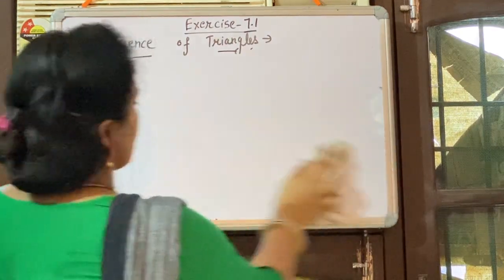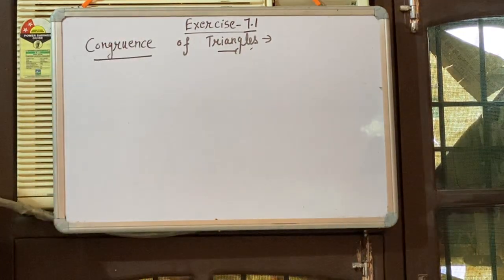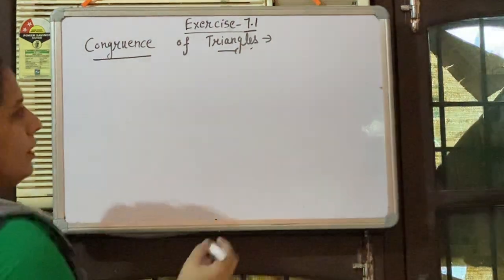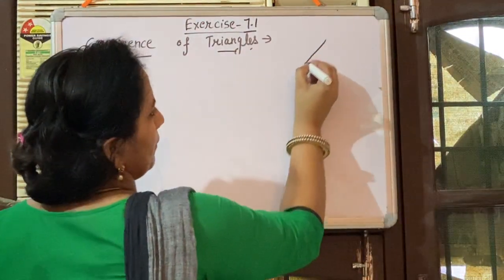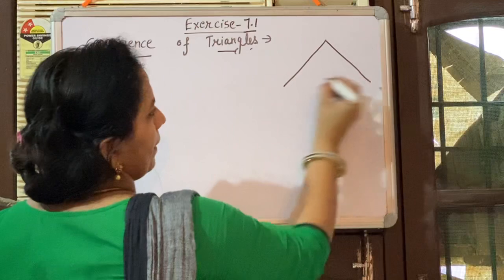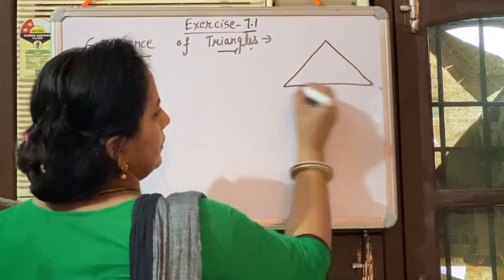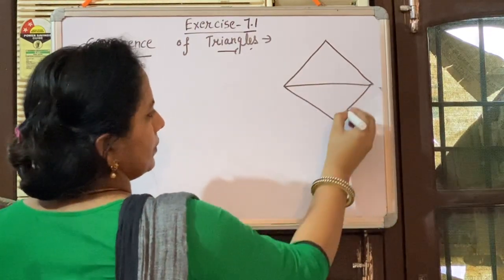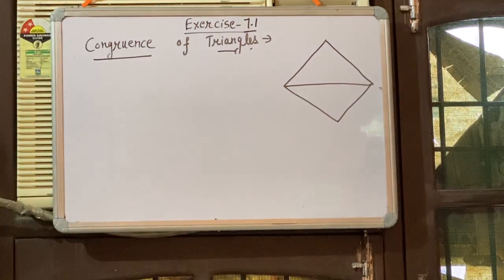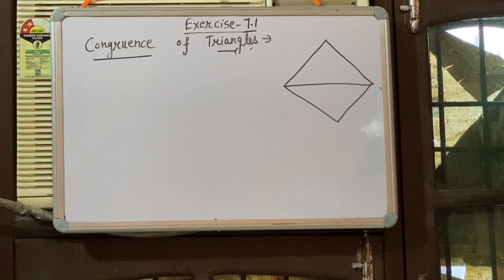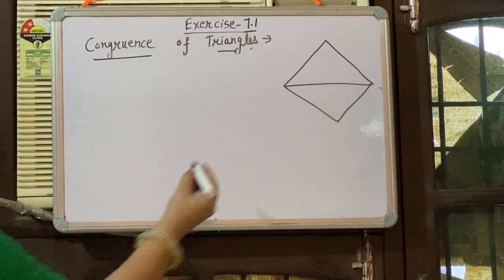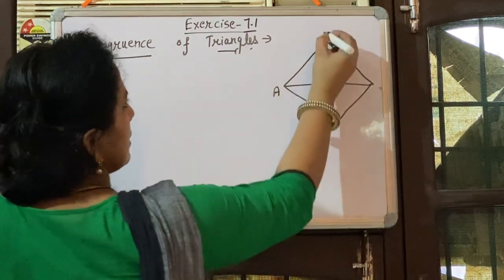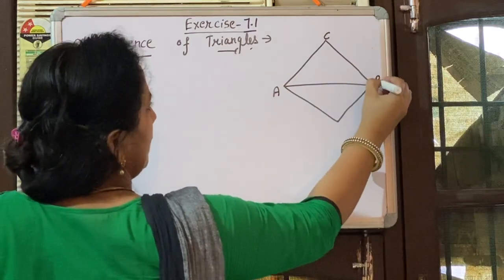In our first exercise, first question is, you are given a quadrilateral in which two sides are given. In this quadrilateral name is ACBD.